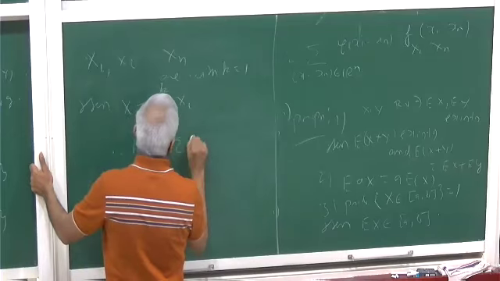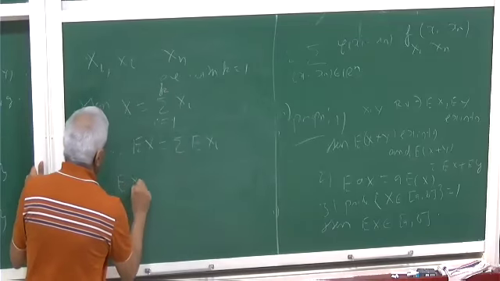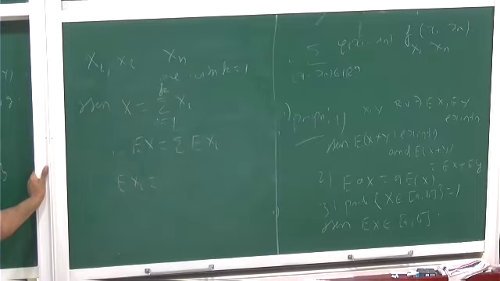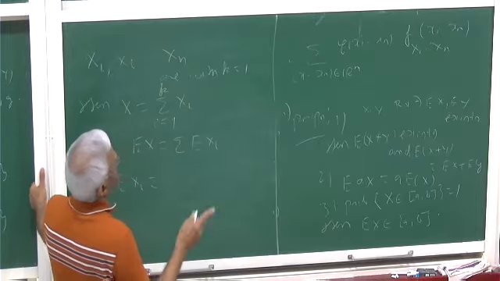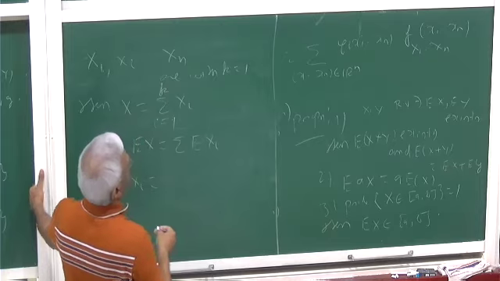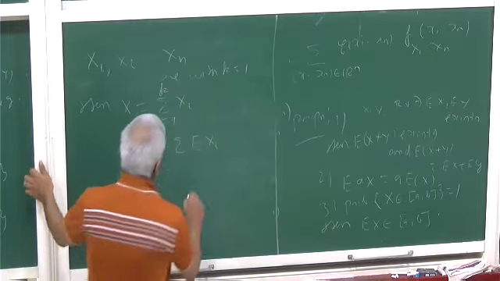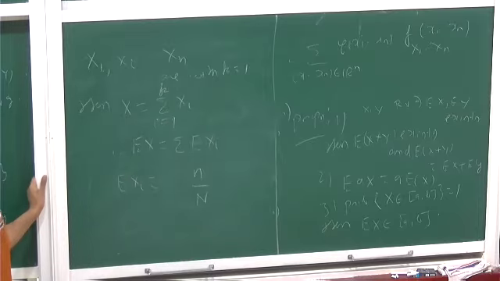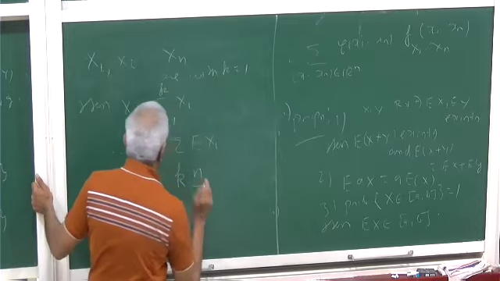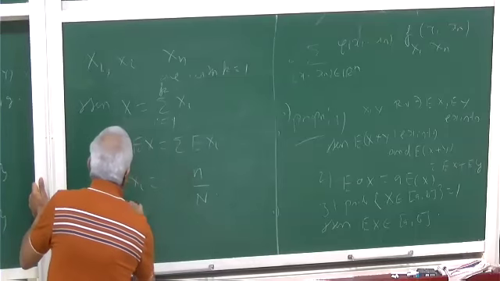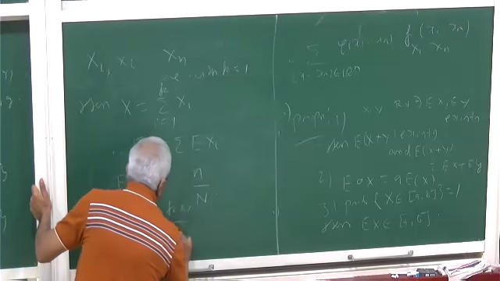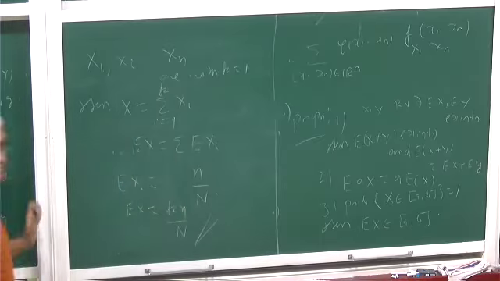This is equal to the summation of E Xi. But E Xi is just getting a type 1 item out of the N items. The p is given by there are n type 1, so n by N. So you do it k times, and this implies E of X equal to k n by N. So you need not even know that formula. You can directly compute it. The expectation can be computed directly.